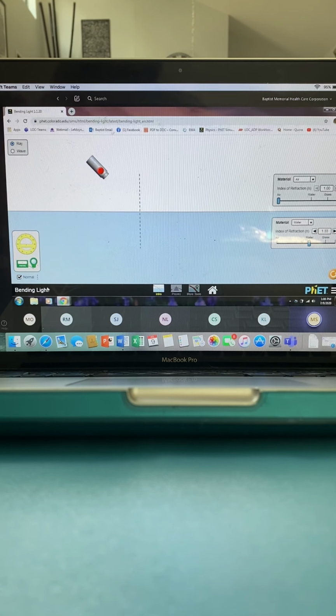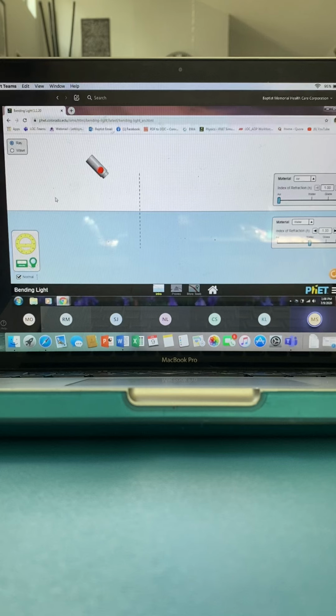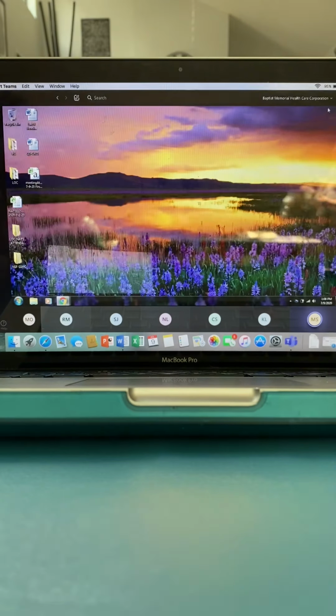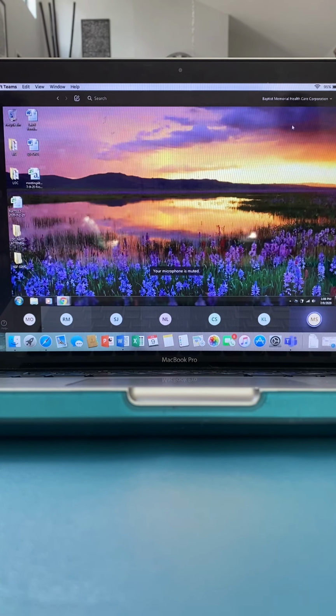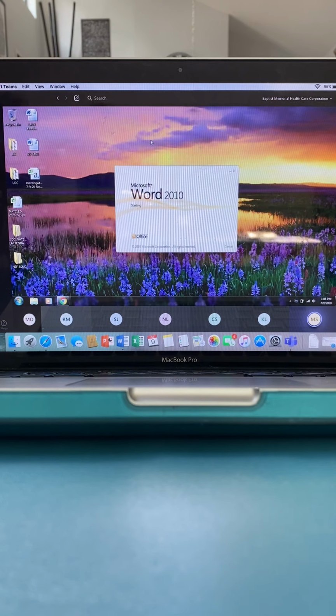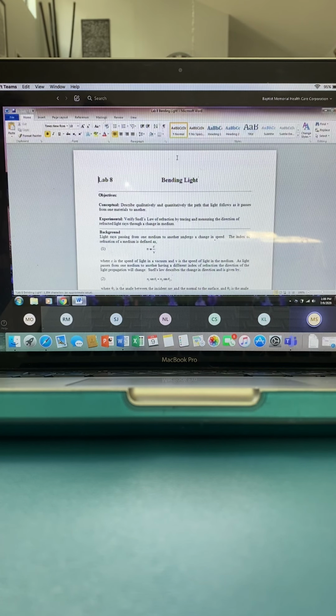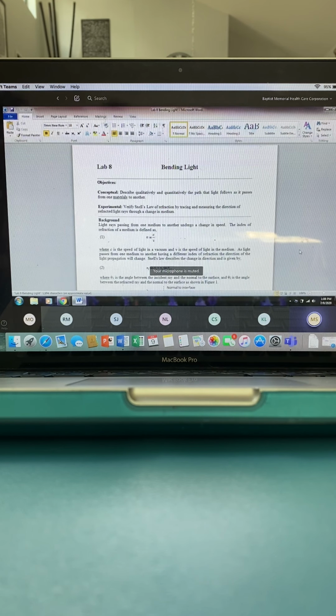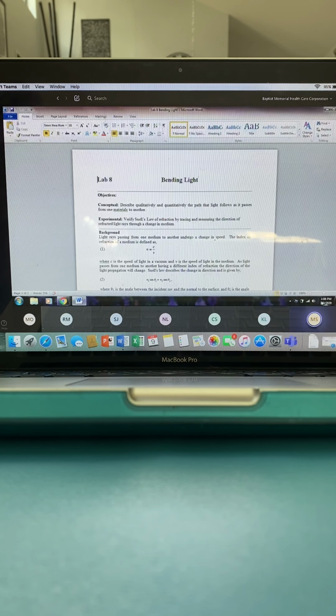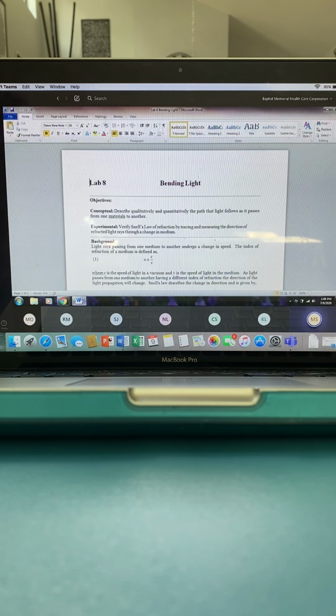Before starting the lab, let's talk about the lab manual that I uploaded for your team. When you write the lab report, this manual will help you.